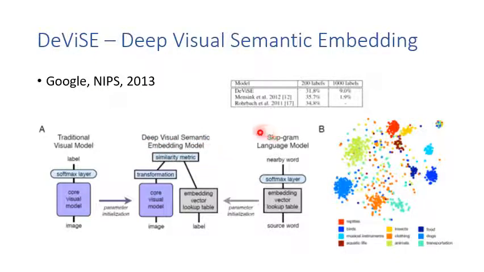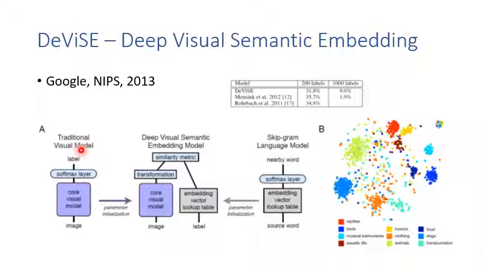The semantics come from the Word2vec, which was trained on Wikipedia data. So there is a lot of semantic information in the Word2vec, and the image features are pre-trained on ImageNet. So by learning a transformation, we can transform image features into Word2vec.